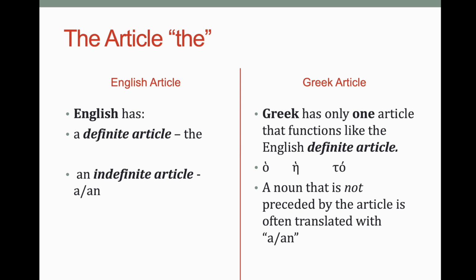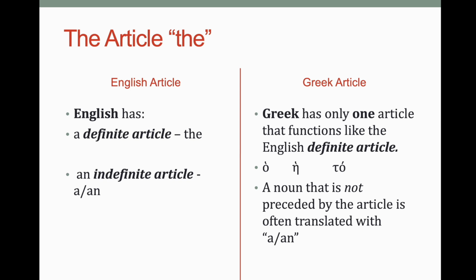The next thing I want to talk about is the article. Now in English we have two articles. We have the definite article, which is the word the, and the indefinite article, a or an. Greek has only one article, and this one article functions like the English definite article. The forms of the article are gendered.